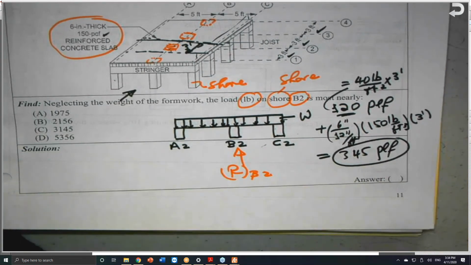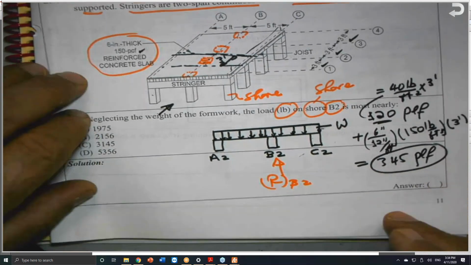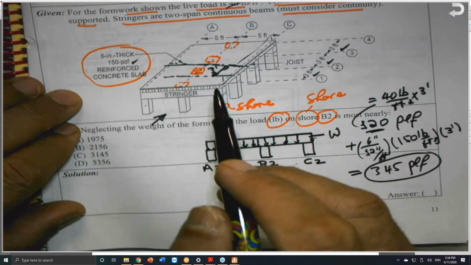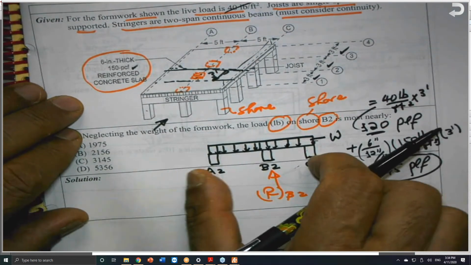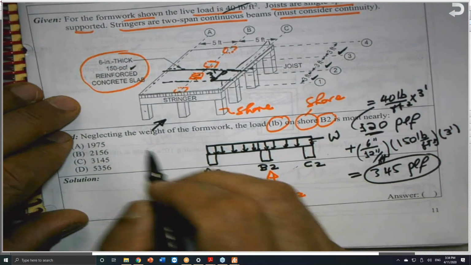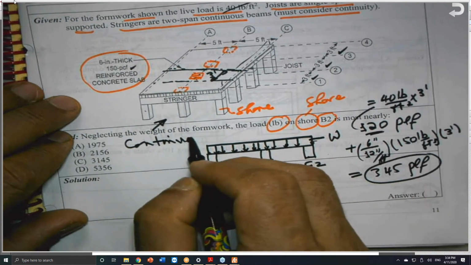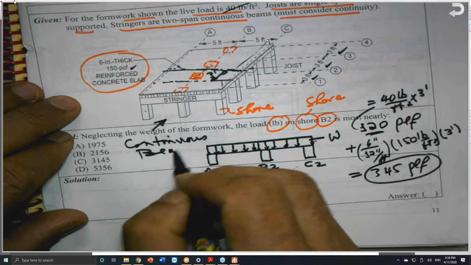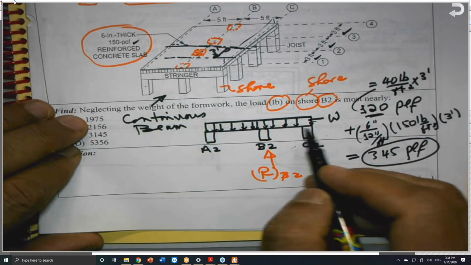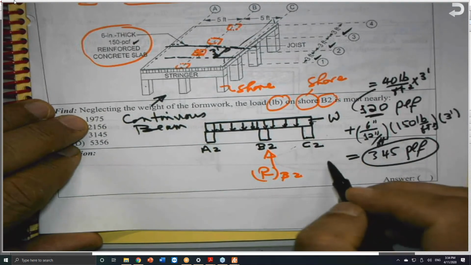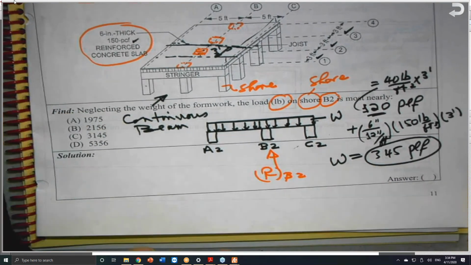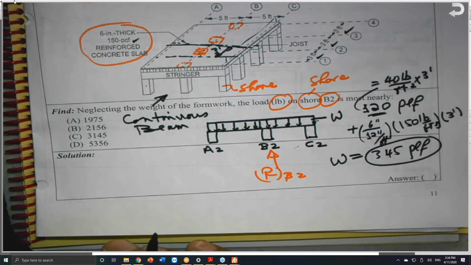And this is the most difficult part, if you are able to understand how to convert the given loads into a beam, in this case a continuous beam, carrying a distributed load W, and this W is equal to 345 pounds per linear foot.